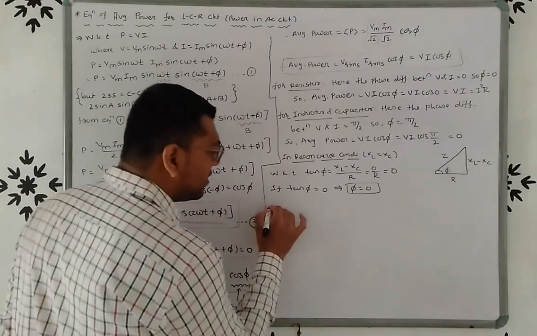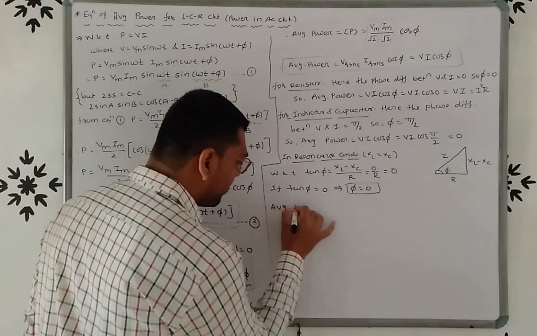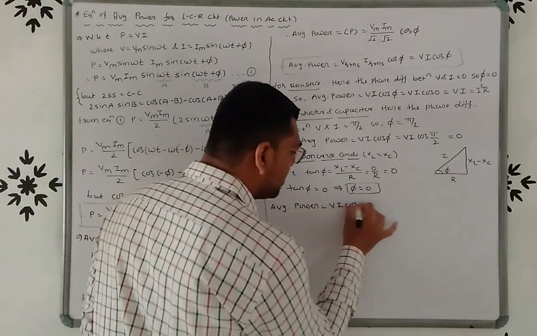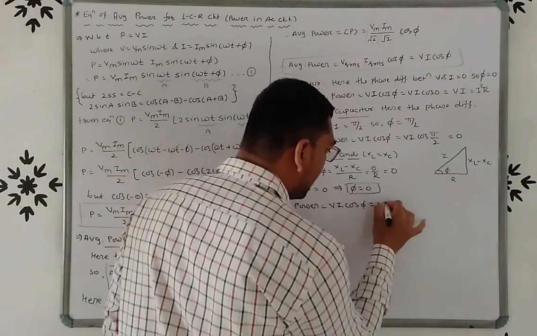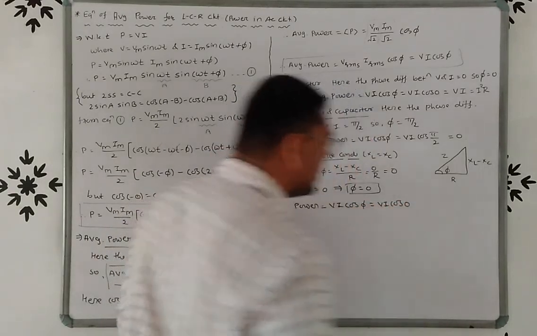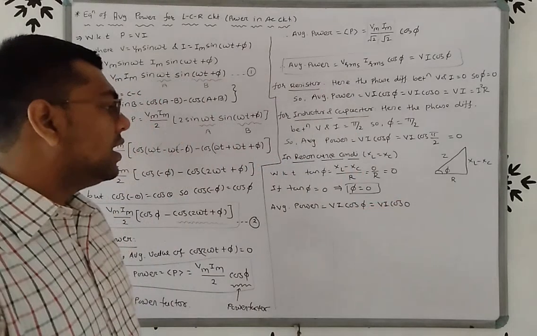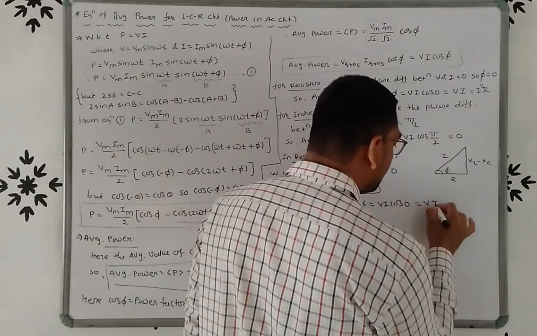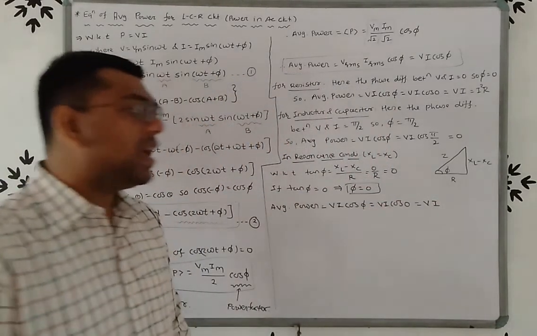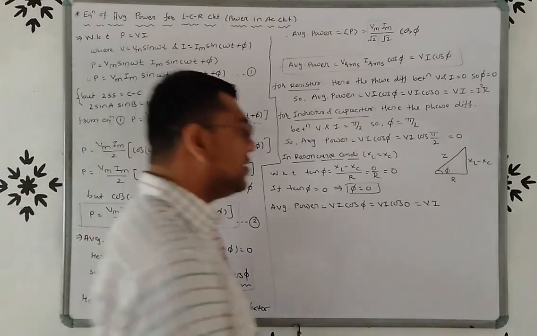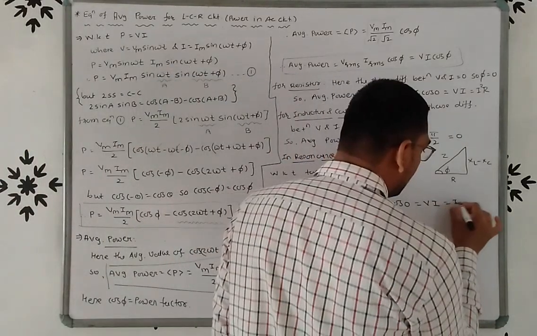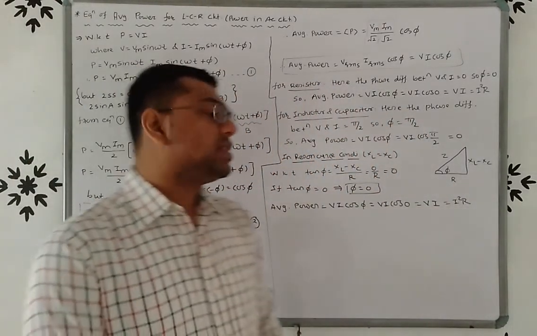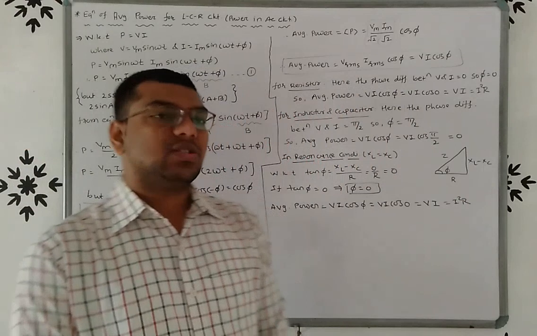So average power is equal to VI cos phi. The value of phi is 0, so cos 0 is equal to 1. So average power is equal to VI. And if you take V equal to IR, you can write I square R, right? So this is about the average power in resonance condition.